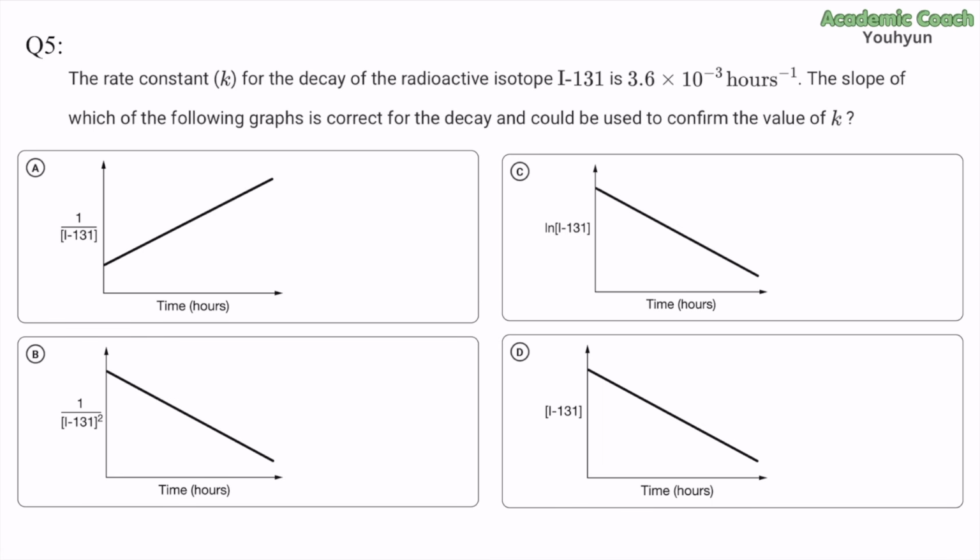Question number 5. The rate constant K for the decay of the radioactive isotope I-131 is 3.6 times 10 to the negative 3 per hour. The slope of which of the following graphs is correct for the decay and could be used to confirm the value of K?